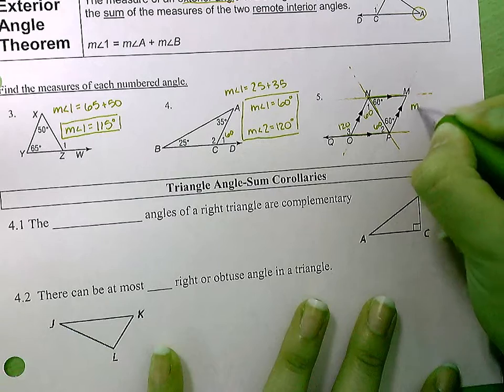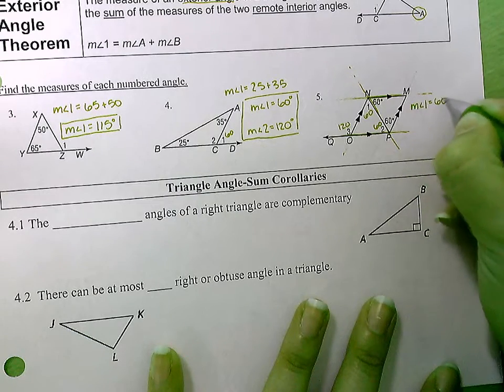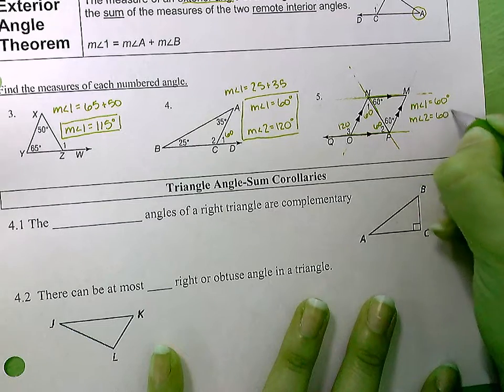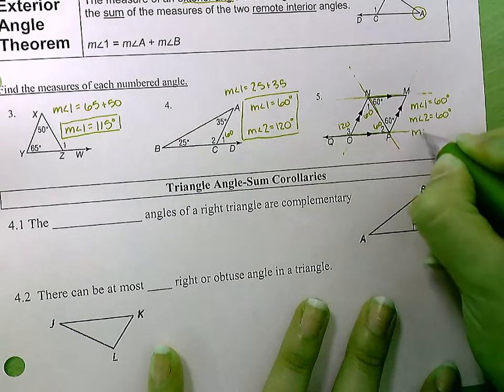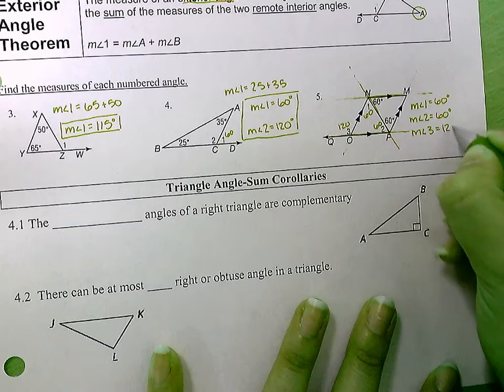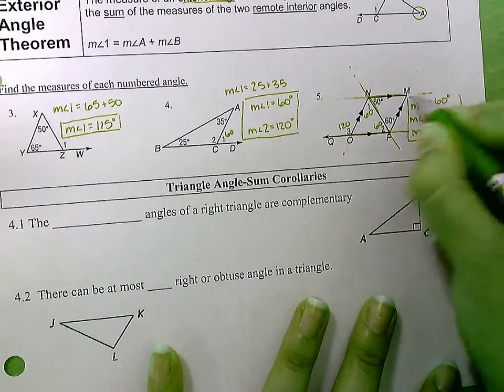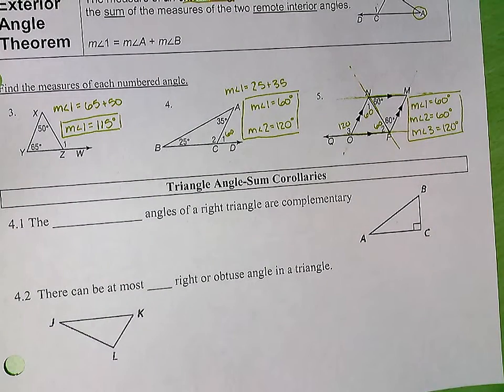So the measure of angle 1 is 60 degrees, the measure of angle 2 is 60 degrees, and the measure of angle 3 is 120 degrees. Any questions on finding these angles? All three in a triangle add to 180. To get your exterior, you can add together your two remote interior angles.